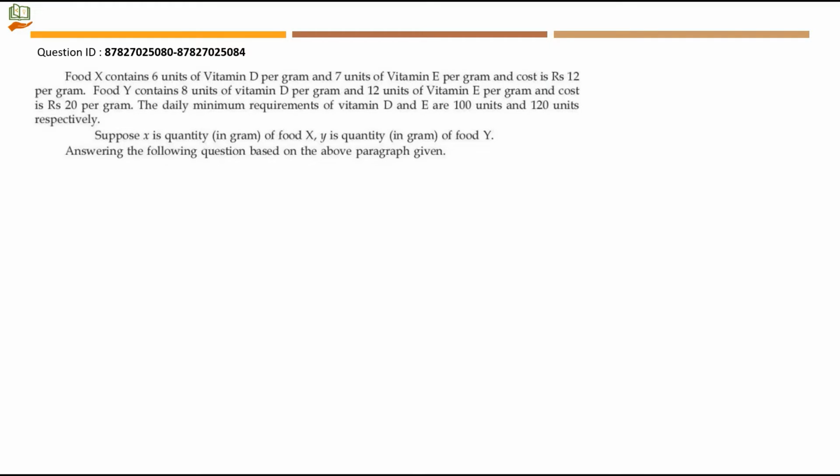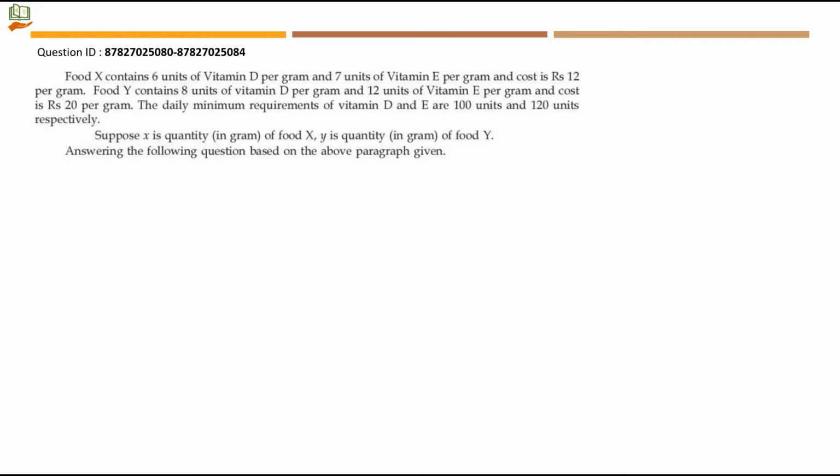Before answering the 5 questions, first let's understand what the question is about. Food X contains 6 units of vitamin D per gram and 7 units of vitamin E per gram. Cost is rupees 12 per gram. Food Y contains 8 units of vitamin D per gram and 12 units of vitamin E per gram and cost is rupees 20 per gram.